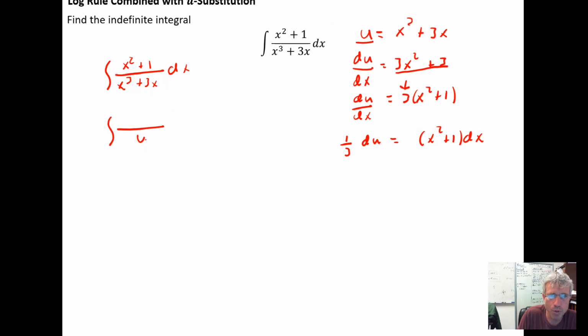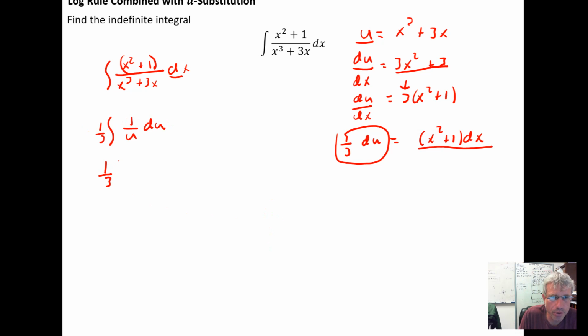So I'm going to get a u in the denominator. And then the numerator, the x squared plus 1 dx, is getting replaced with 1/3 du. And now I'm ready to integrate.